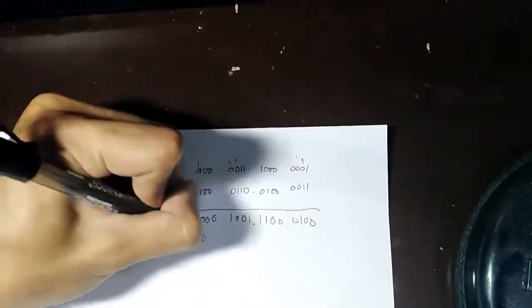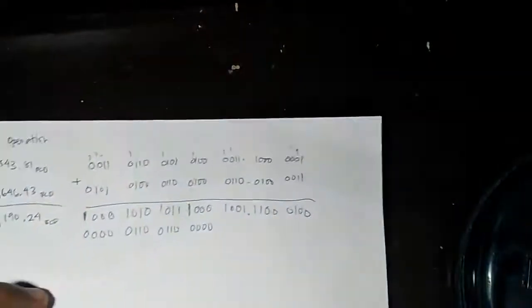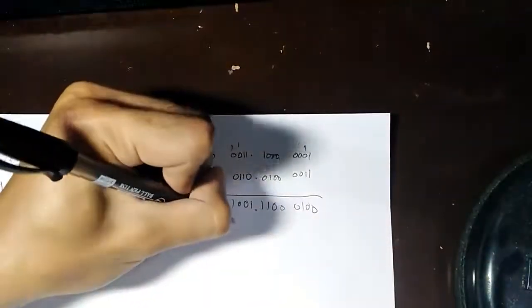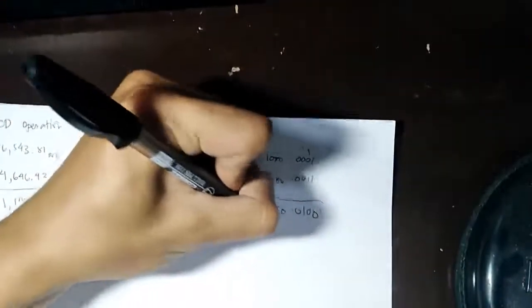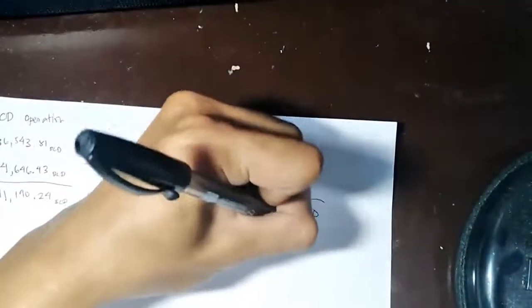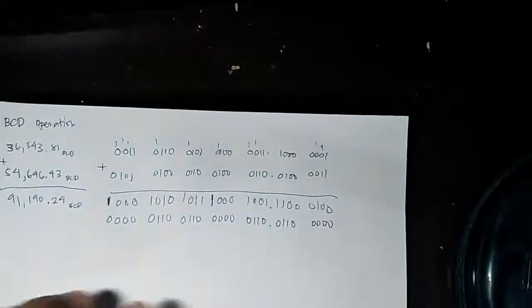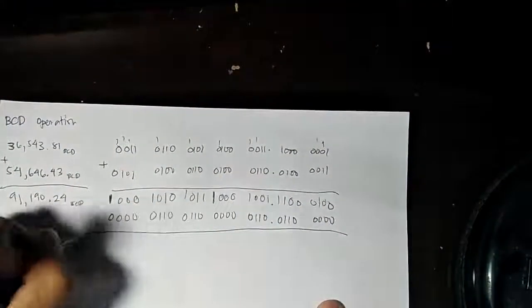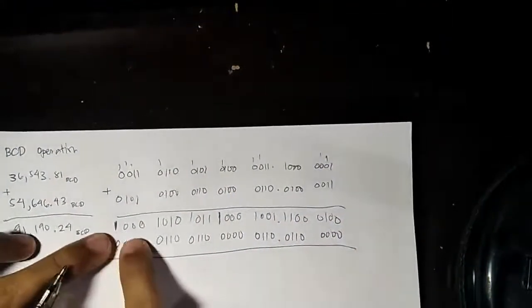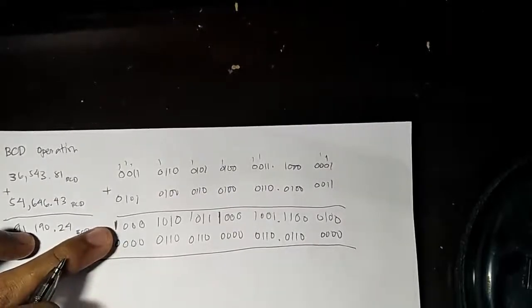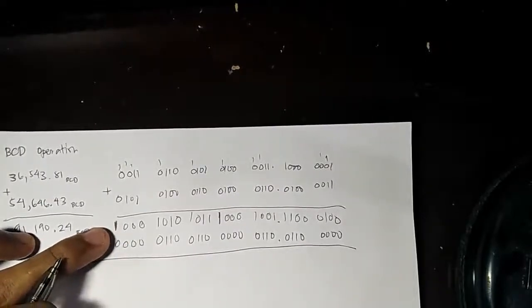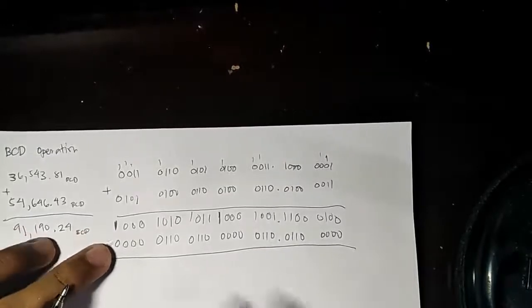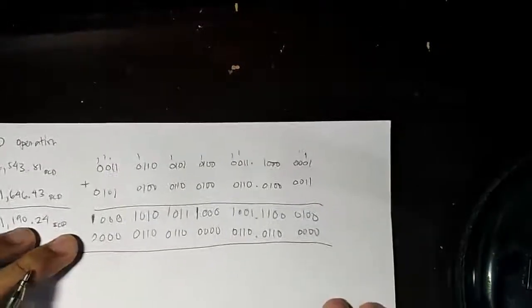This is not greater than 9. This one also, just add 0. So the rule is, if the binary is greater than or equal to 9, you have to add a binary 6. That is the last process.